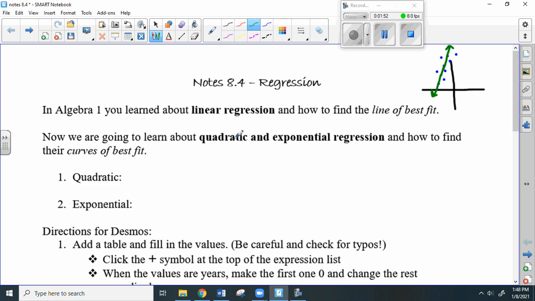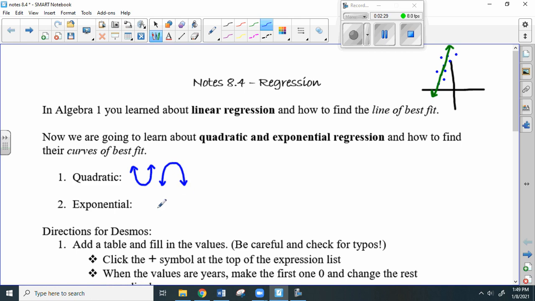For quadratic, we'll refresh your memory on what that is in just a minute. But these are not lines, they're curves. So we're going to be finding curves of best fit. Quick refresher on the shape of these curves. Quadratics are your parabolas, so they either go down then up or up then down.